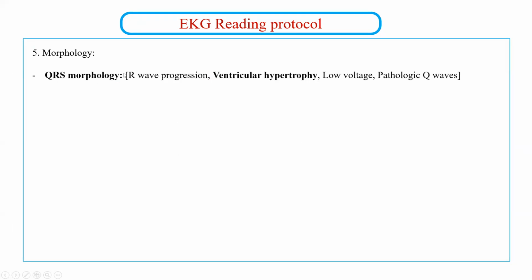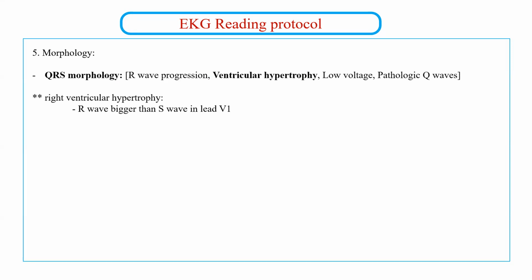Number 2 in QRS morphology is ventricular hypertrophy. We have 2 types of hypertrophy, either right ventricular hypertrophy or left ventricular hypertrophy. For right ventricular hypertrophy, we have only one criterion: the R wave is bigger than the S wave in V1. If you remember, we said that the R wave is very, very tiny in V1, and the majority of the QRS complex is an S wave.